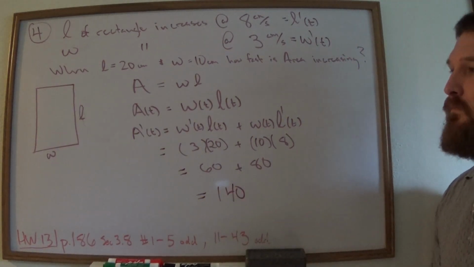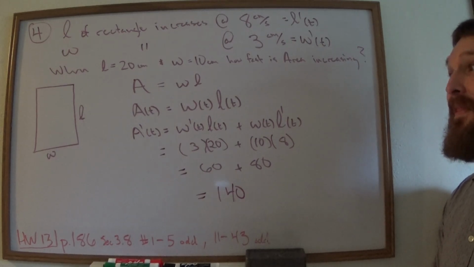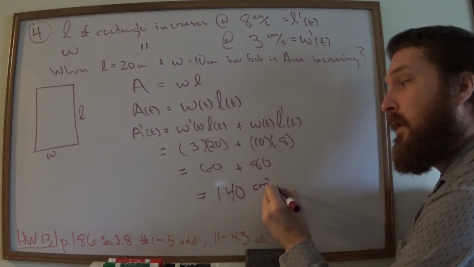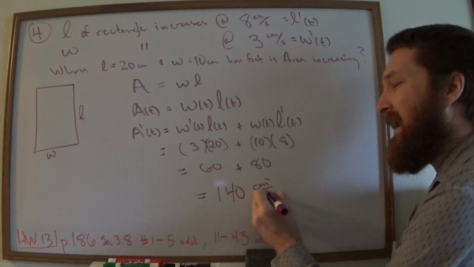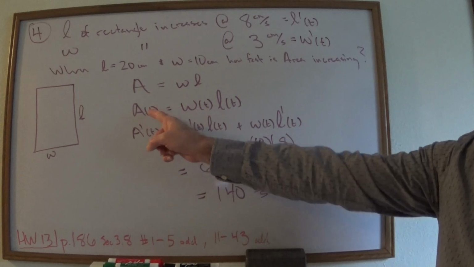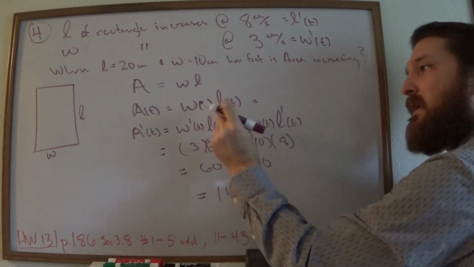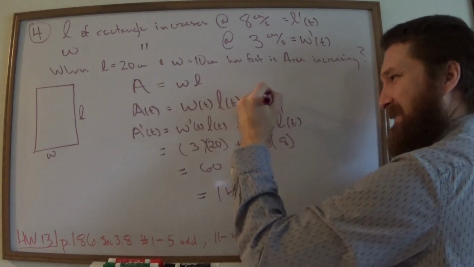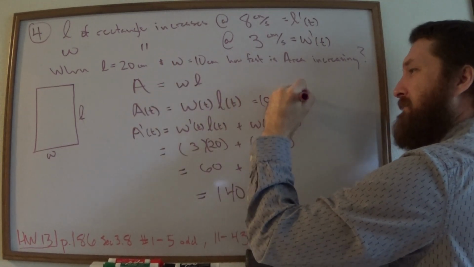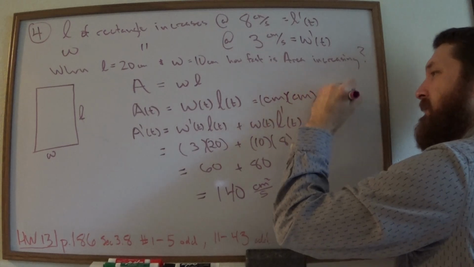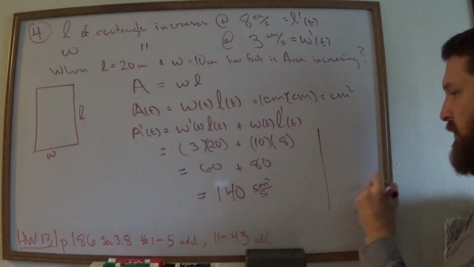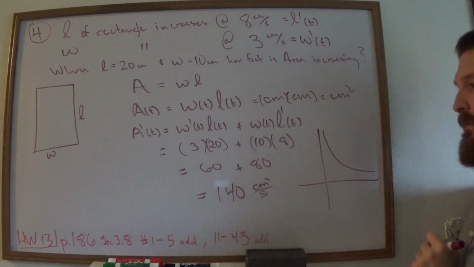140 square centimeters per second. Good, because width is in centimeters and length is in centimeters, so we have centimeters times centimeters, which is centimeters squared. This is some function, I don't know, it probably looks something like this.